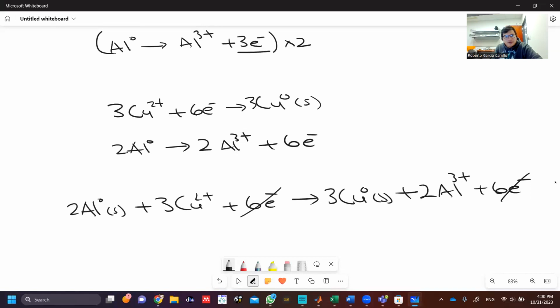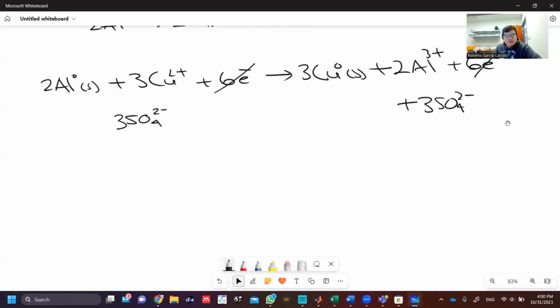We also need counter ions, because if you remember, the sulfates were spectator ions, so we can include them here. In this case, copper has a charge of 2 plus, so we need 3 of these ones to cancel out the charges. And here aluminum has a charge of +3, therefore we need also 3 to cancel out the charges. And therefore the complete balanced equation is, this one is solid.